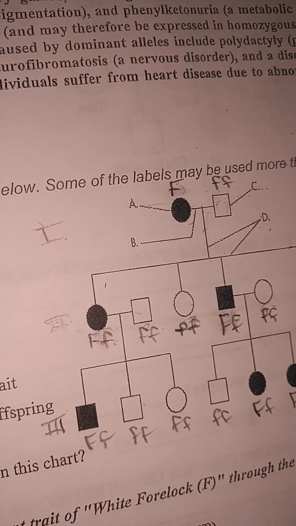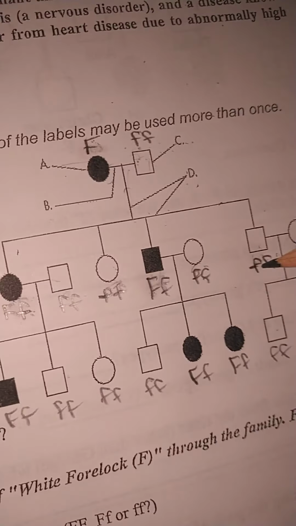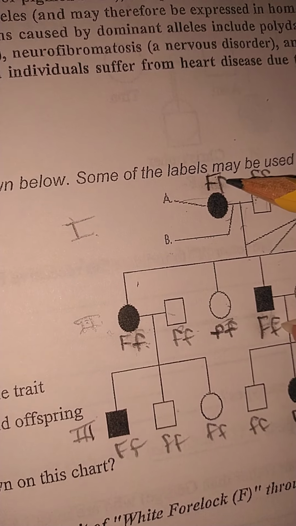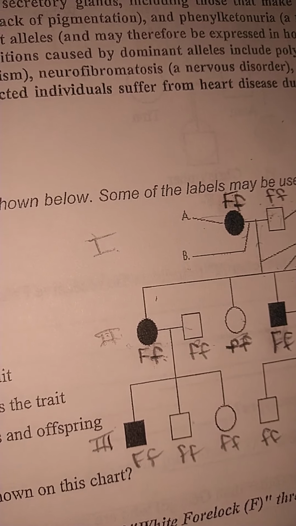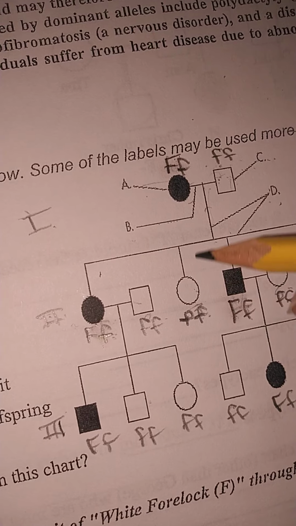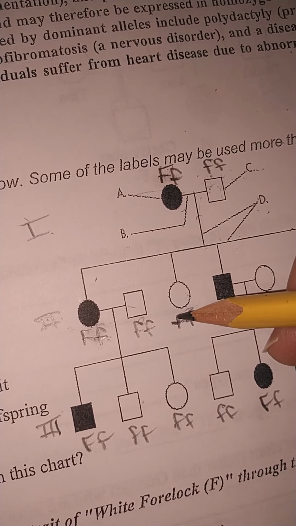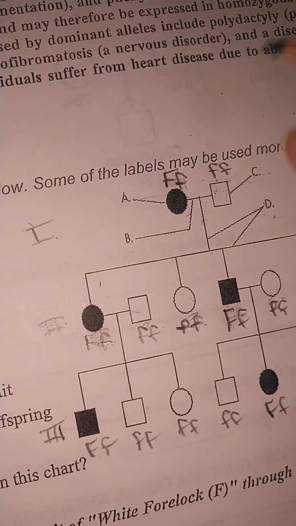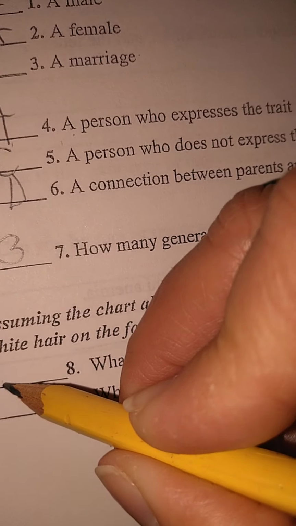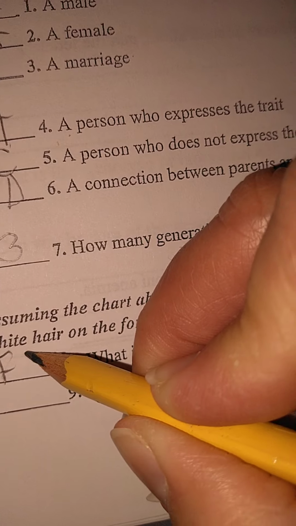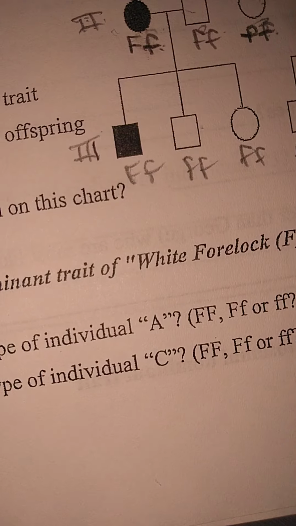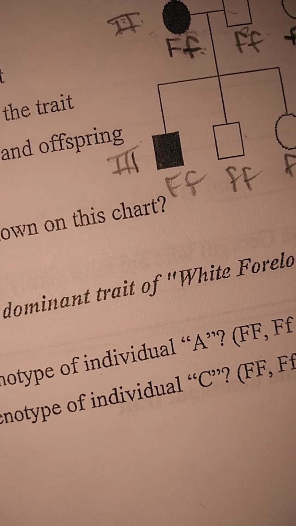If this offspring is little f, that means Dad gave a little f, but Mom also had to give a little f. We know Mom had the trait, so she had a big F. This one got a little f from Mom and Dad, and this one got a little f from Mom and Dad. So little f from Dad, but then another one had to come from Mom. So Mom had to be big F, little f.